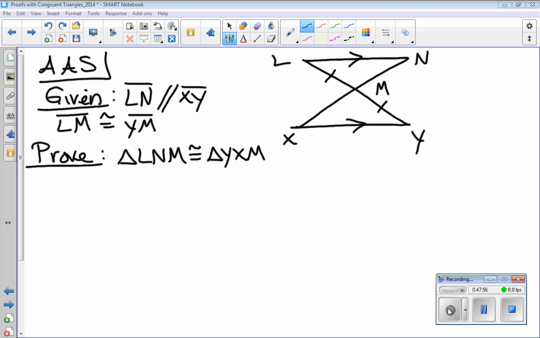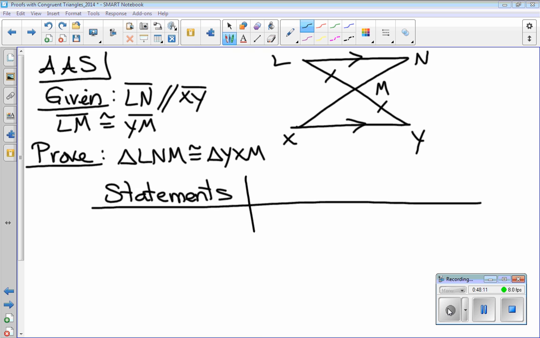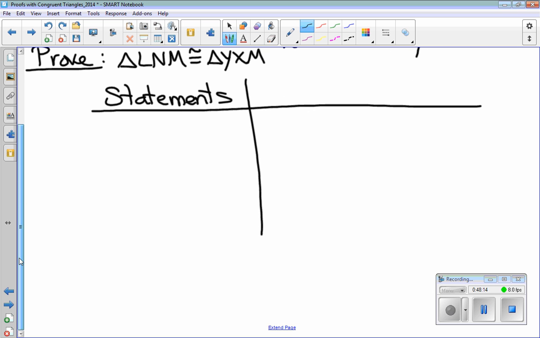There are only 3 reasons that you will use in this proof total. So knowing that, you can put a couple of things together, like we put all of our given information together. If you use a reason more than once, sometimes you can put it together as well. I'm going to tell you that we're going to do this in 3 steps.